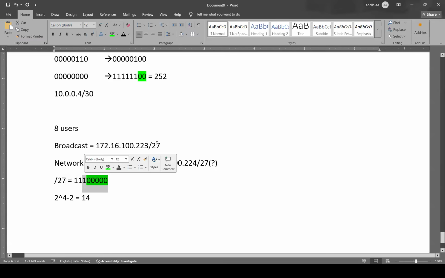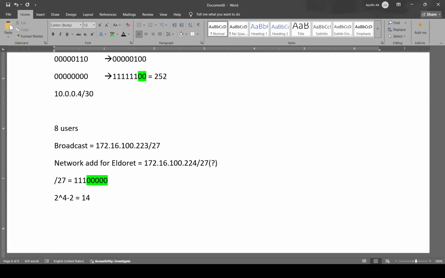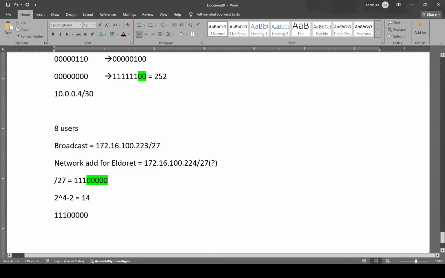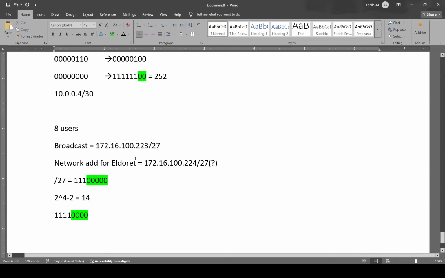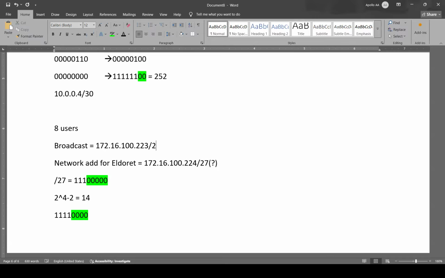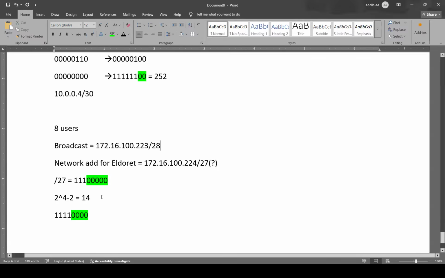We can't use /27. So the next thing to do is to change that one from 1, 2, 3, 1, 2, 3, 4, 5, but then we also make this one a network bit so that we have only 4 bits as the host bits. With that, we change this now to /28, and now that we have our network, we need to find out the broadcast address.